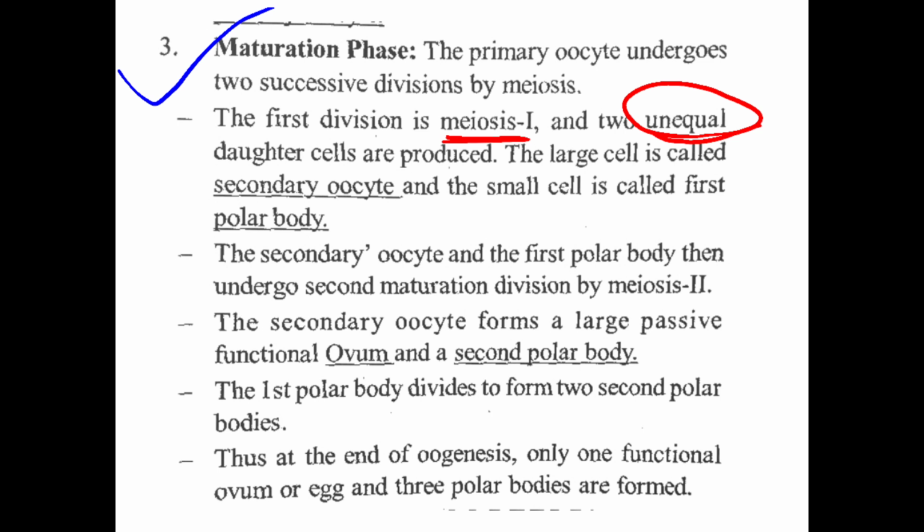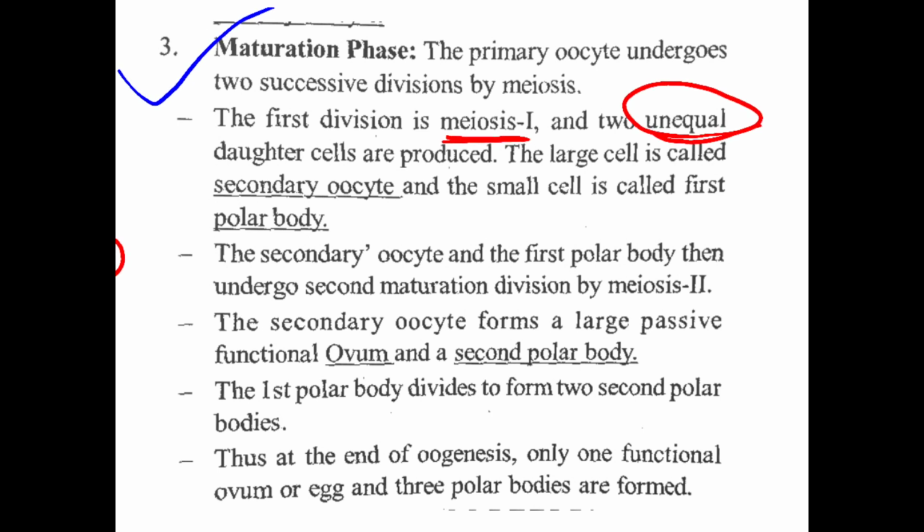In the first maturational division, the oocyte undergoes meiosis 1, which is a reductional division, to form two unequal cells: one larger, one smaller.